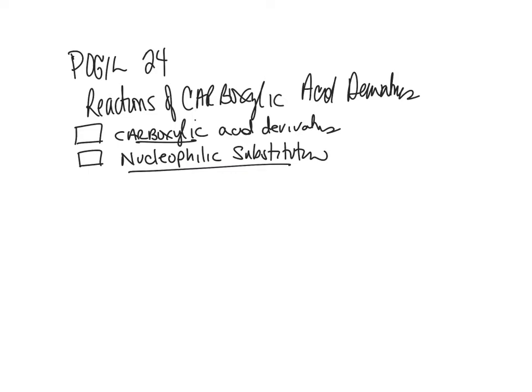It's actually nucleophilic substitution, and we'll put in the word acyl. So nucleophilic acyl substitution. And we're going to learn their different reactivities, the different reactivities of these different carboxylic acid derivatives.